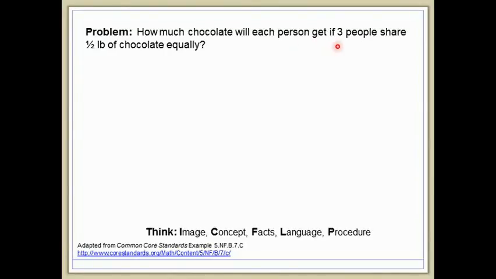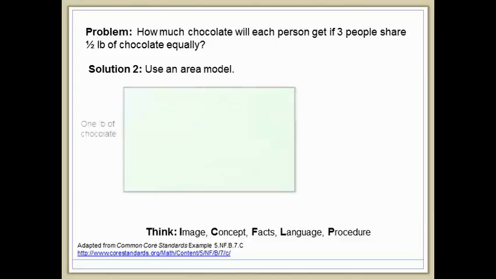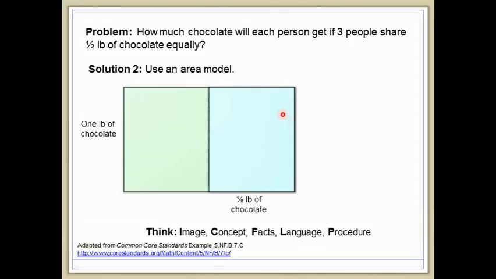Okay, so here's our problem again. How much chocolate will a person get if 3 people share 1/2 pound of chocolate equally? In our previous example, we used a very concrete image of chocolate itself. In this case, we'll be a little more abstract and use an area model. To do this, we'll let a rectangle represent 1 pound of chocolate, in which case 1/2 pound is half of the rectangle.